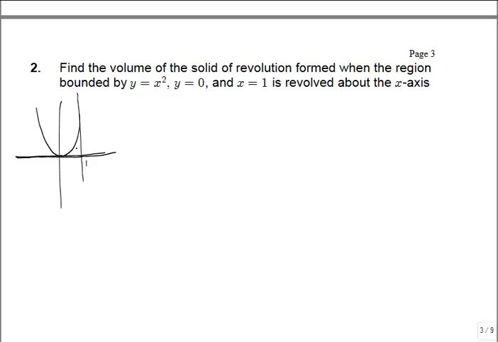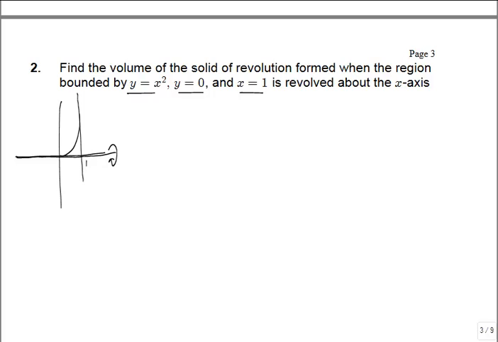That's this region right here. So we don't need this left-hand side of that parabola, so I'm going to take that away so that it doesn't confuse us. So the region bounded by all three of these curves is that sort of triangular region. And what we're going to do is rotate this around the x-axis.